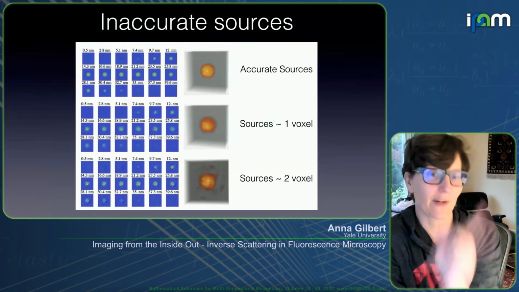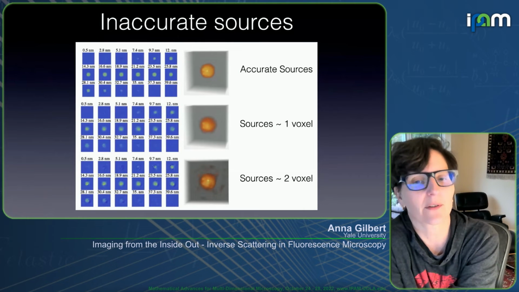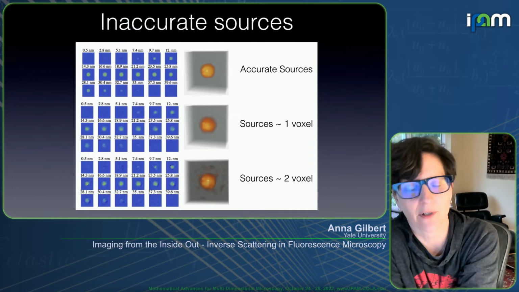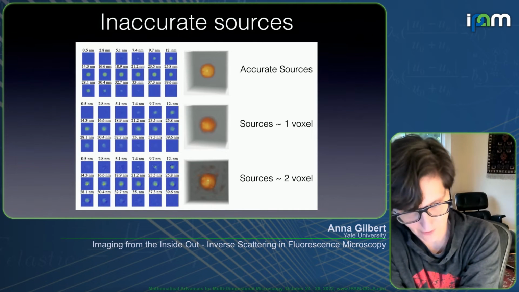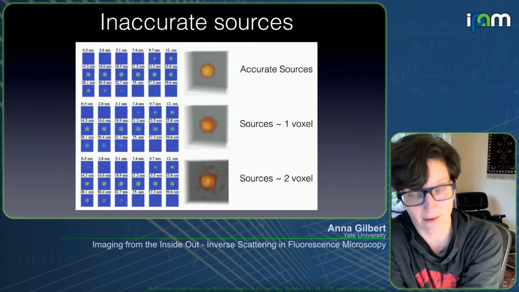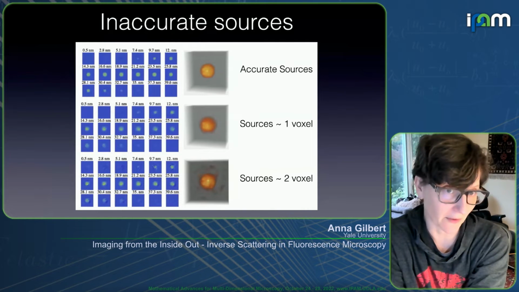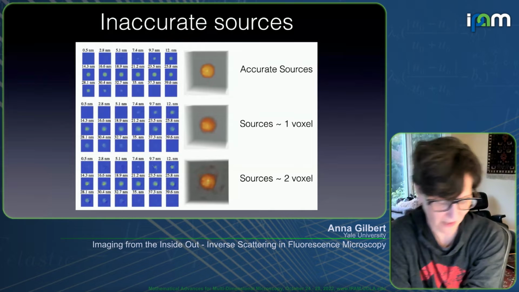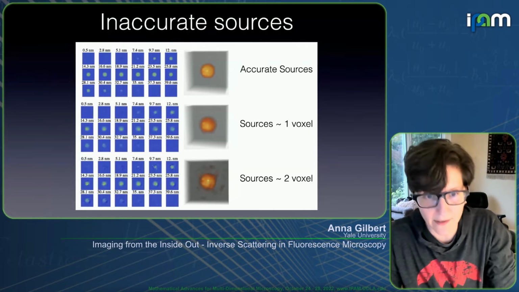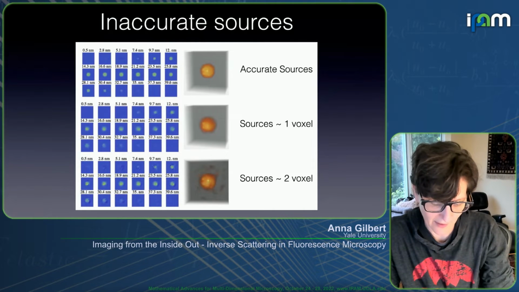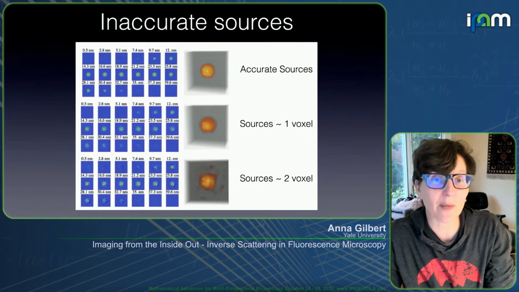If we have accurate measurements of where the sources are, we get a beautiful reconstruction. And then if we know the source's position up to 1 voxel, how well do we do? How well do we do if we know it up to 2 voxels, etc.? So, this is great. It's a good first paper.